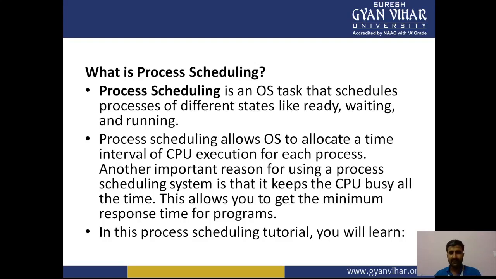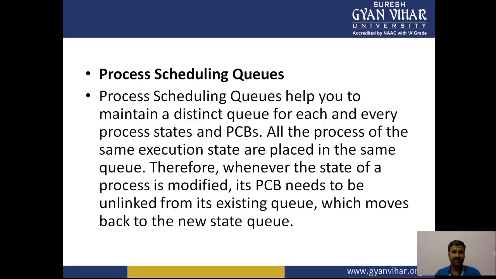In this process scheduling tutorial, we have learned a lot of things, like the process scheduling queue. The process scheduling queue helps to maintain distinct queues for each and every process state and PCB, process control blocks.